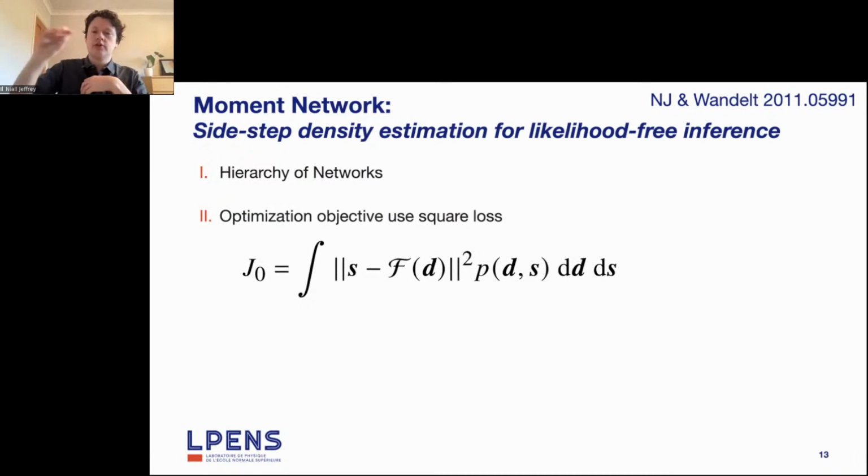So we draw some set of signals from a prior distribution, then generate some mock data based on that signal. So we've now drawn from the sampling distribution, and our data and signals are now distributed according to P of D and S.